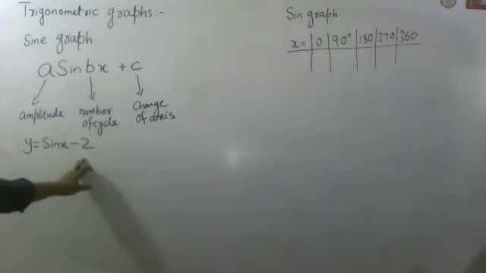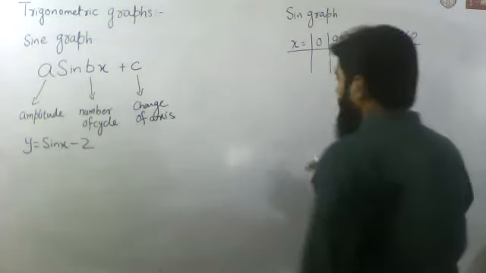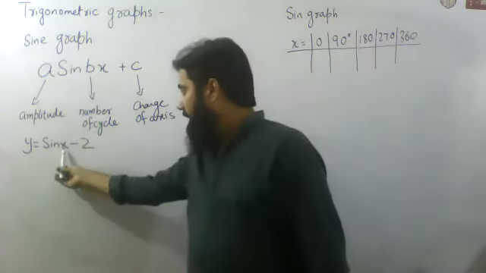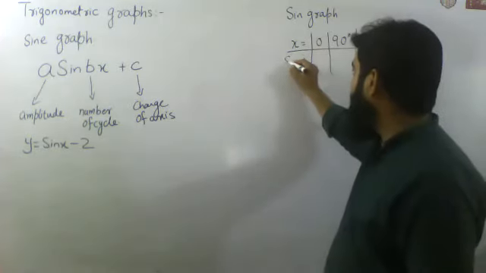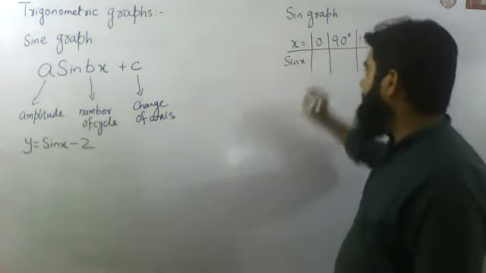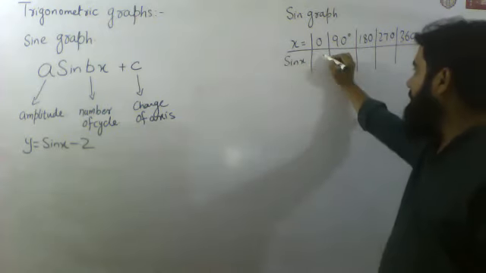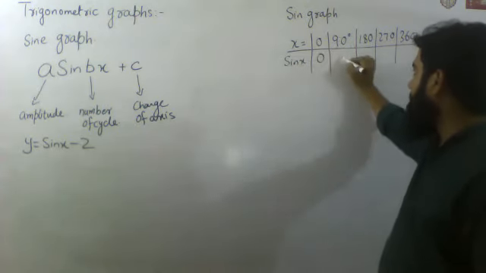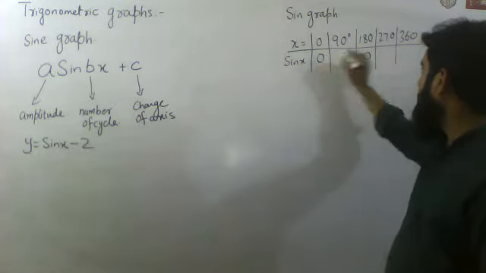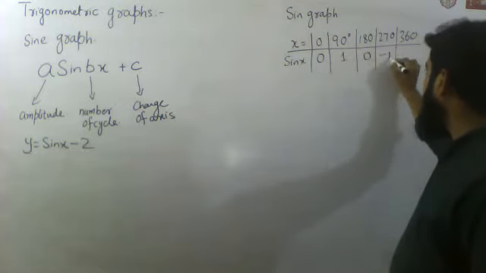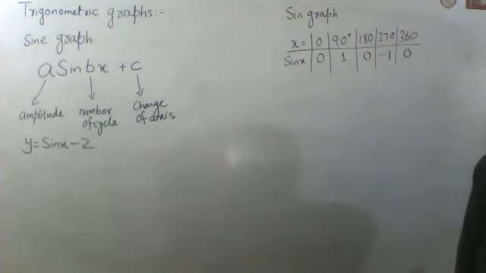First of all, with x, sine is written, so I will write sine x. Sine of 0 will be 0. Sine of 90 will be 1. Sine of 180 will be 0. Sine of 270 will be minus 1. And sine of 360 will be 0.